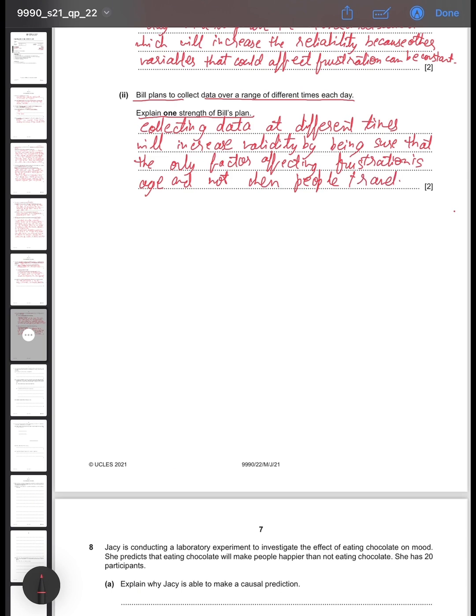So if he finds that old people get more frustrated at any time of the day, that is how he can be sure that time is not the factor affecting the frustration, but it is the age only.